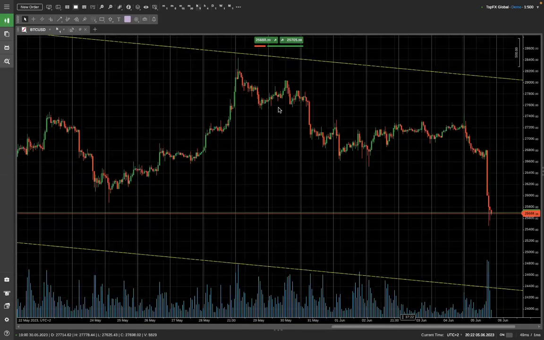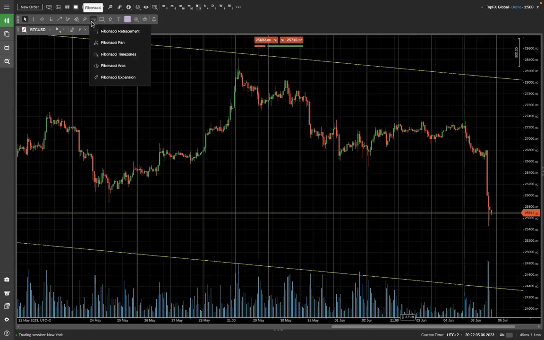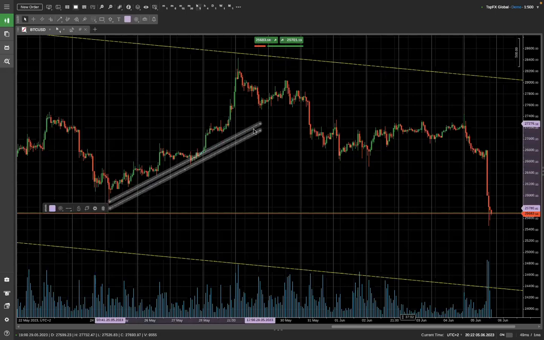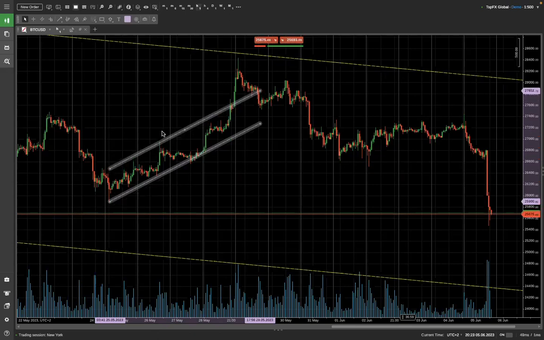Look, we still have this yellow channel, and now on the intraday time frame we can have, for example, this ascending channel. Look, oh, it's gone. Okay, one more time for me, please. Yes, and now we can have this equidistant channel here. For example, we want to do it something like that.